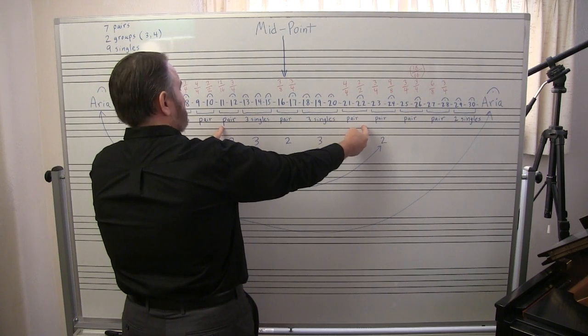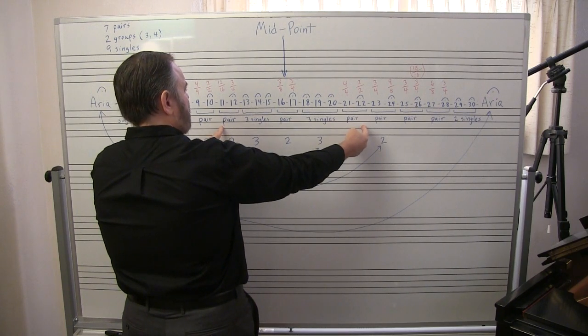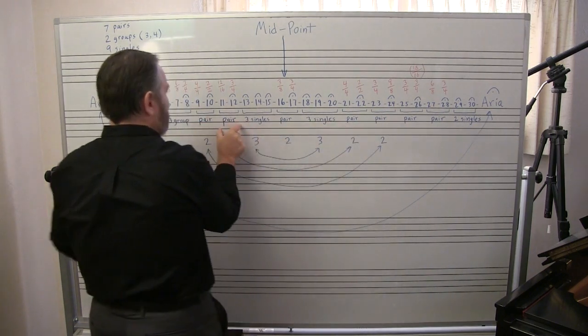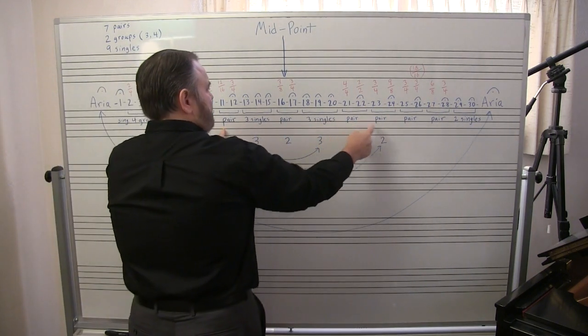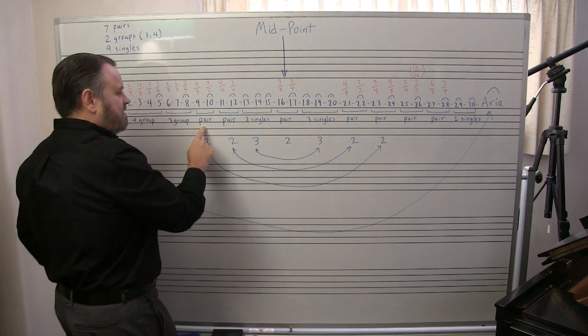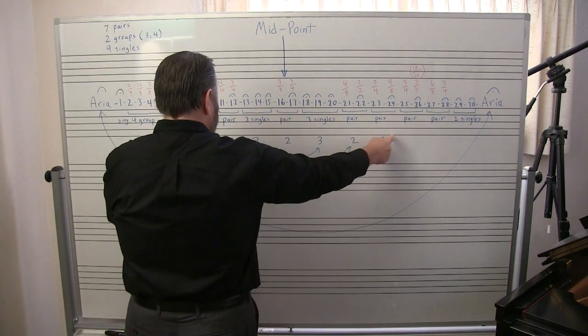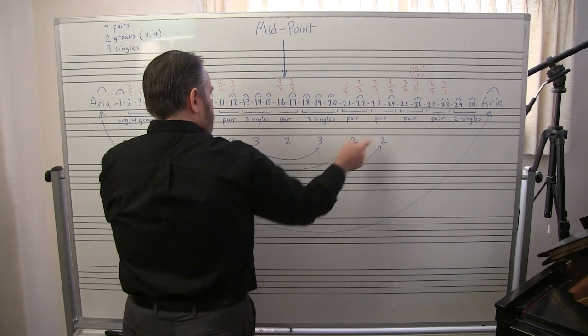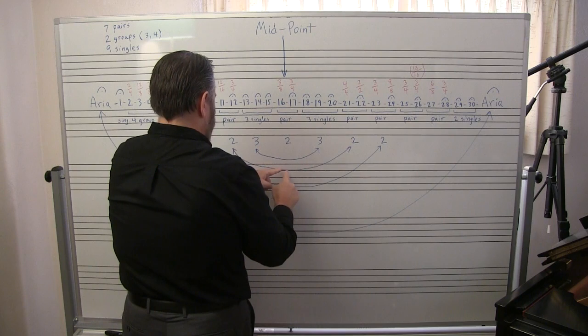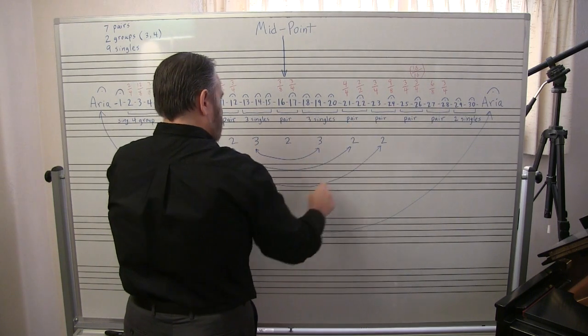Now you go further outwards symmetrically from the middle, from the three singles, and you have a pair here and a pair here. You go one step further, you have a pair here and a pair here. So up to this point, it is perfectly symmetrical. You have a pair, 3 singles, a pair, and then another pair.